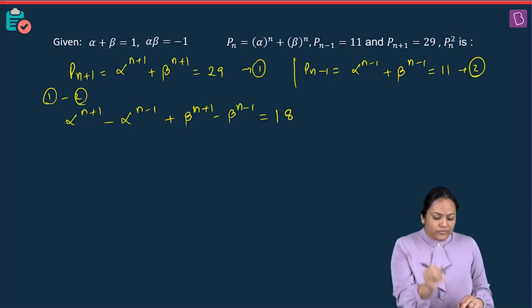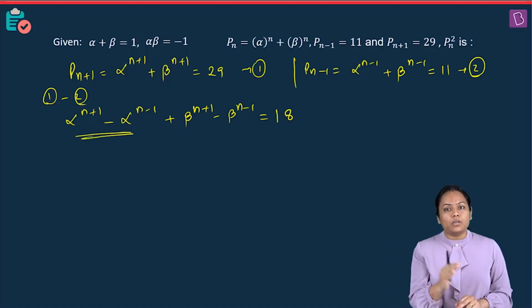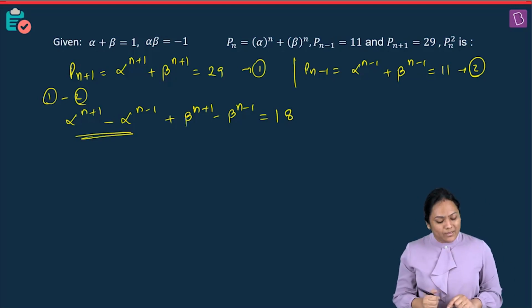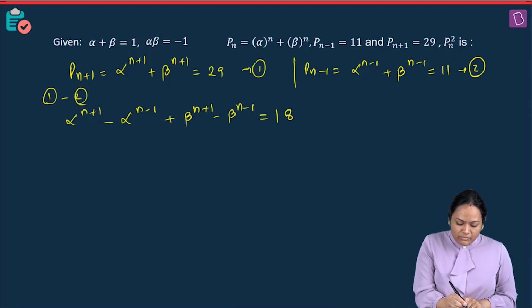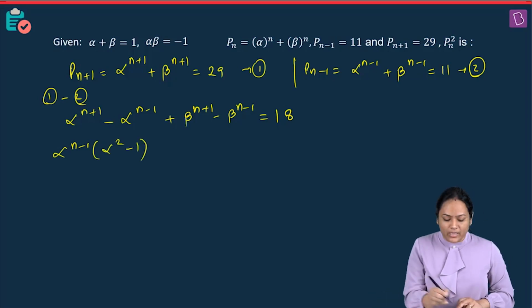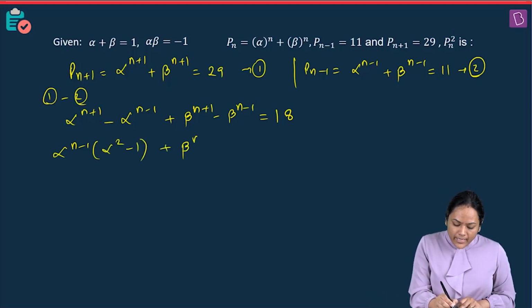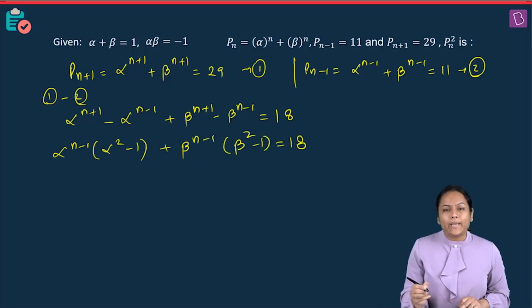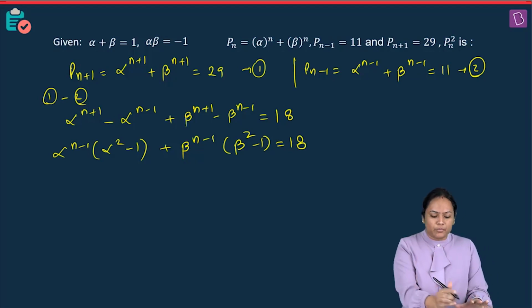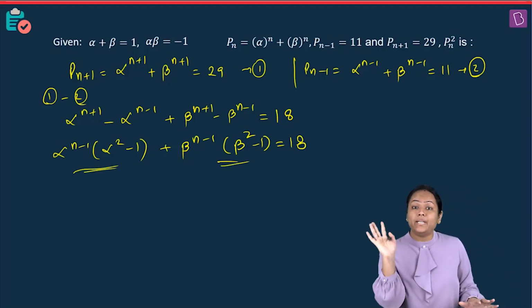Now, if I take common alpha raised to n minus 1 from the first two terms, it's going to give me alpha raised to n minus 1 multiplied by alpha square minus 1, plus again beta raised to n minus 1 multiplied by beta square minus 1 is equal to 18. That means I'm getting the same kind of expression in alpha as well as in beta.